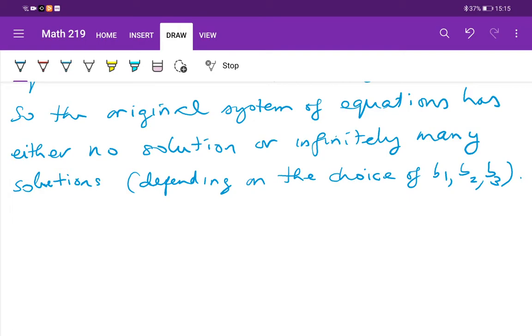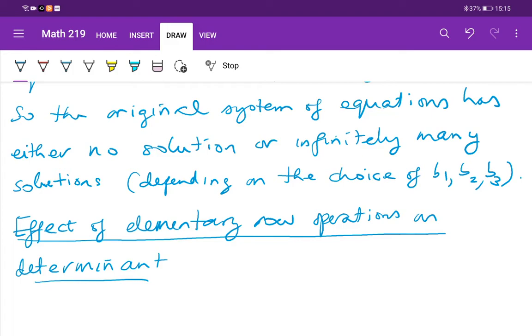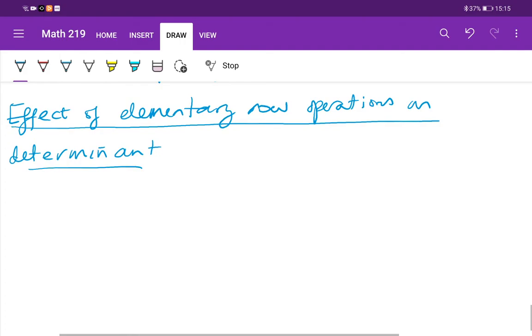Okay, so let's now consider the effect of elementary row operations on the determinant. The result we're going to mention is the following theorem.